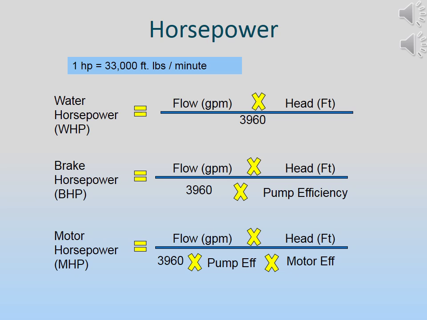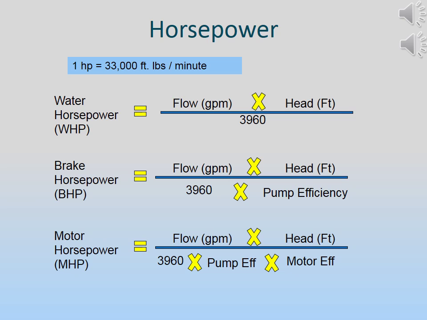Any number less than 1 in the bottom half of our formula makes the result higher. Because pumps aren't 100% efficient, we are always going to have a higher brake horsepower than water horsepower. For our desktop evaluation, we are going to get the brake horsepower from the pump curve, which will be covered later.